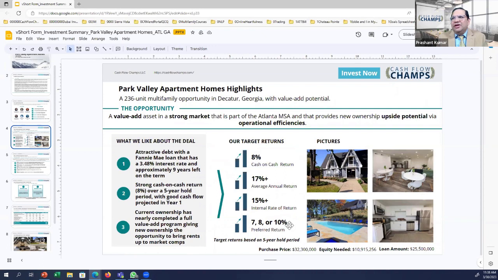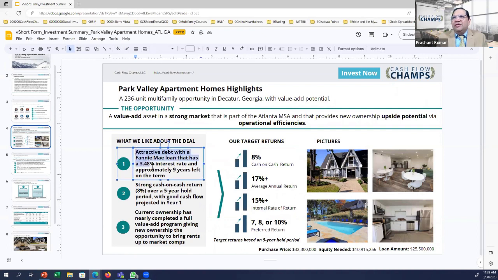So we have a 7, 8, or 10% preferred return. The biggest thing about this deal is we are getting an attractive debt loan assumption at 3.48% for the next 5 years, and that is 80% LTV of the project. So out of 32.3, we are getting 25.5 million at 3.48% fixed, and out of 236 units, 231 are already updated.